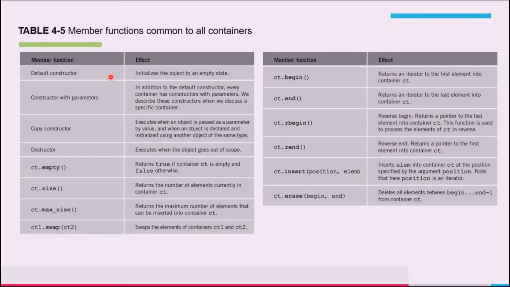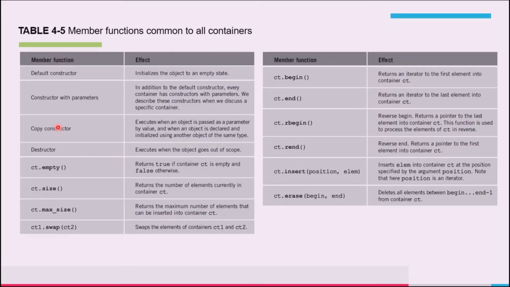Now, I have here table 4-5, which describes the member functions that are common to all containers. These functions are included as members of the class template implementing the container. Suppose that CT, CT1, and CT2 are containers of the same type.